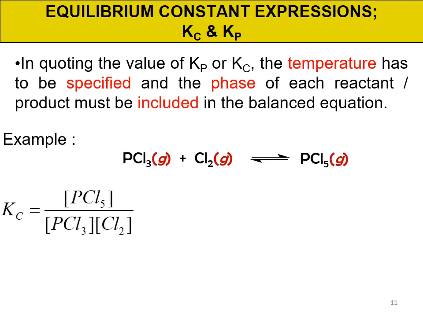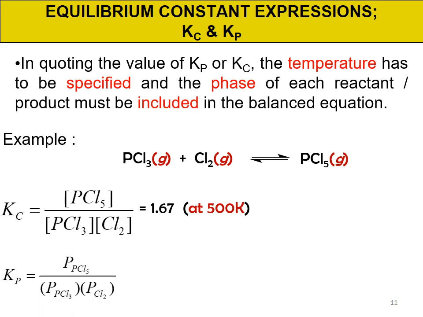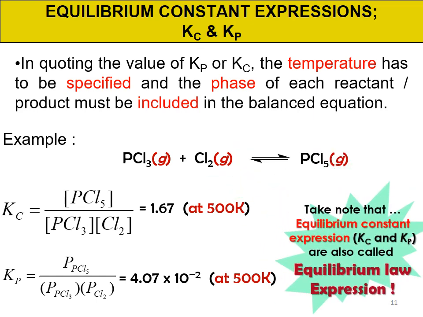For example, the Kc for this chemical equation is 1.67 at 500 Kelvin, whereas the Kp for this chemical equation is 4.07 × 10^-2 at 500 Kelvin. Please take note that the equilibrium constant expressions Kc and Kp are also called equilibrium law expressions.